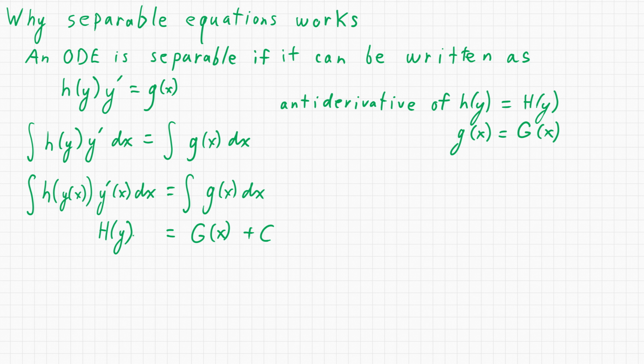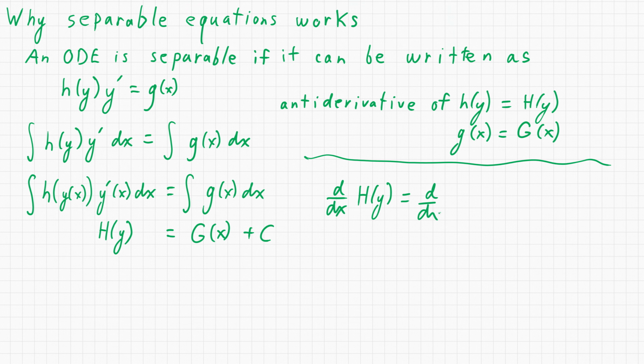That's a little strange. Where did the y prime go? It's really implicit differentiation. What is d/dx of capital H of y? To be explicit, that's d/dx of capital H of y of x, and we have to use the chain rule. The derivative of capital H is lowercase h of y of x.